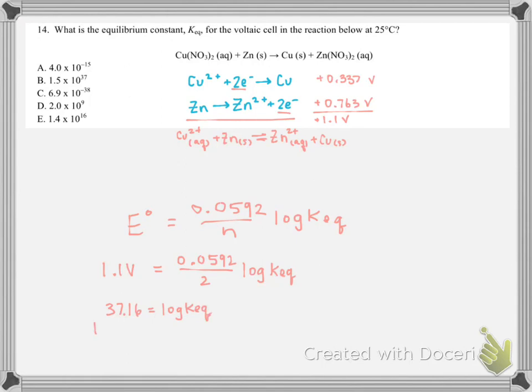And then we can do 10 to the power of both sides to solve for KEQ. And we get that it's a huge KEQ. It's equal to 1.45 times 10 to the positive 37, which corresponds to answer choice B.